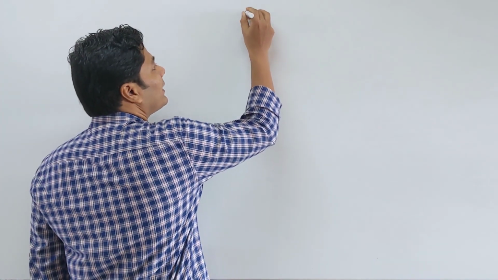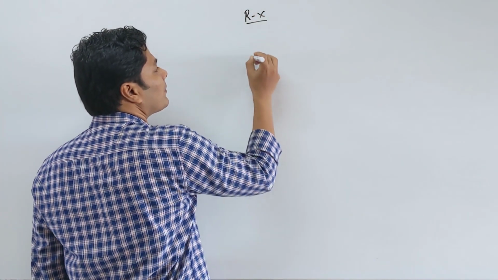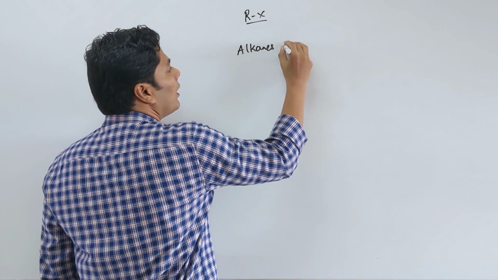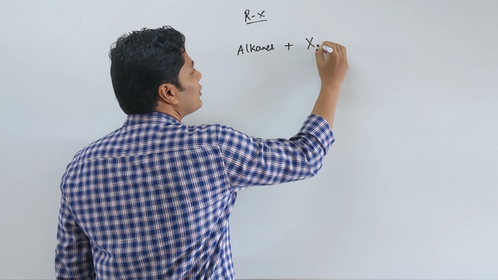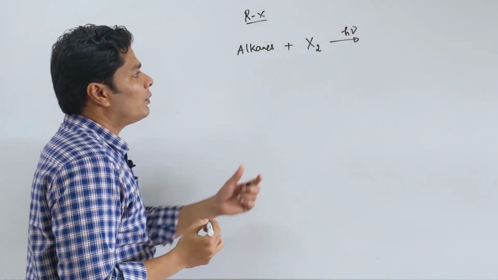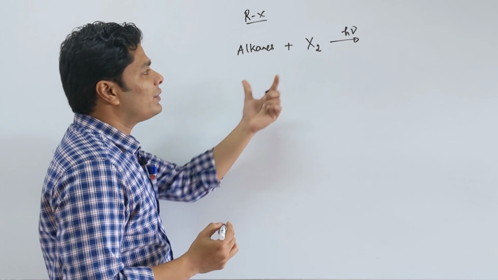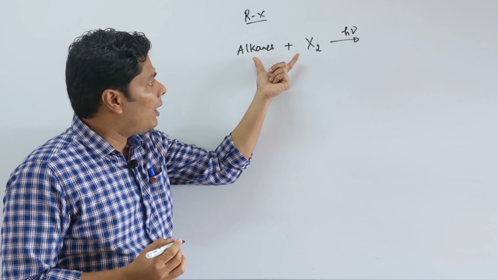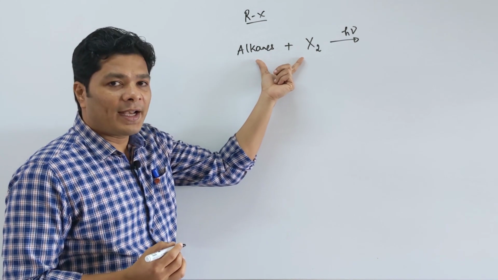You can prepare your alkyl halides from your alkanes plus the corresponding halogen that you want in presence of sunlight. So when you do this, the free radical mechanism gives you the corresponding products. There are obviously conditions with what type of products I can get.